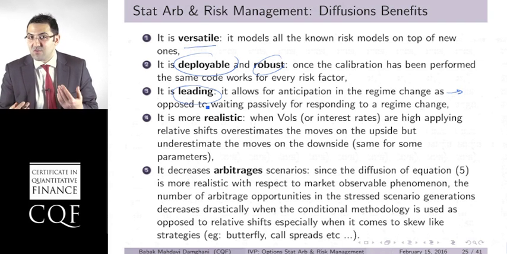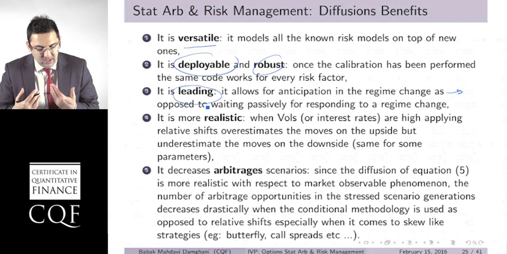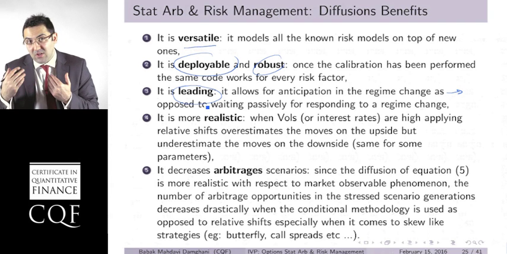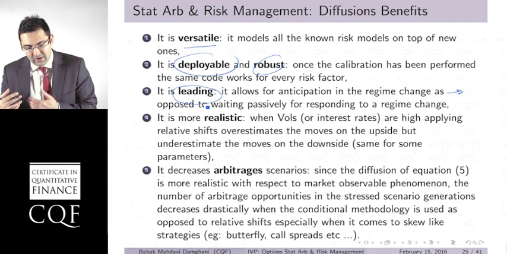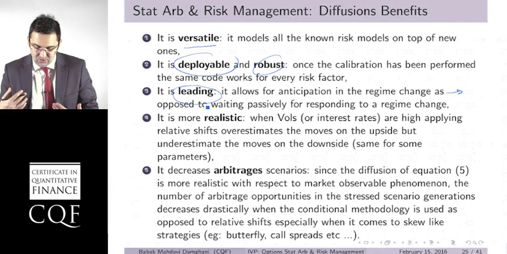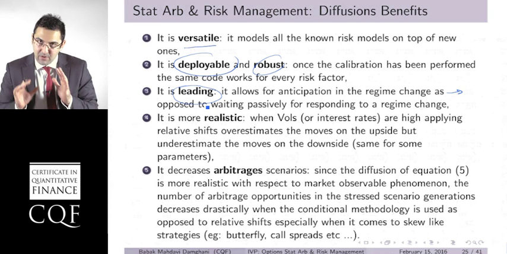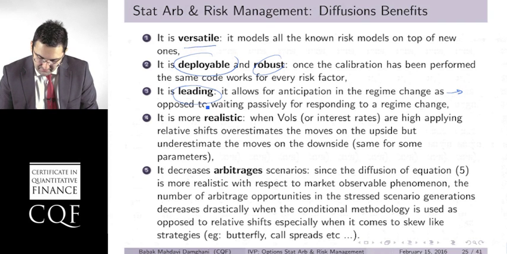So for example, if interest rates are very, very low, then you can incorporate the view that most probably interest rates will go up, but I'm not sure about this, so I'm still going to allow my risk engine to let that stochastic process go down. But I will create a diffusion which allows me to explore more on the upside than downside.